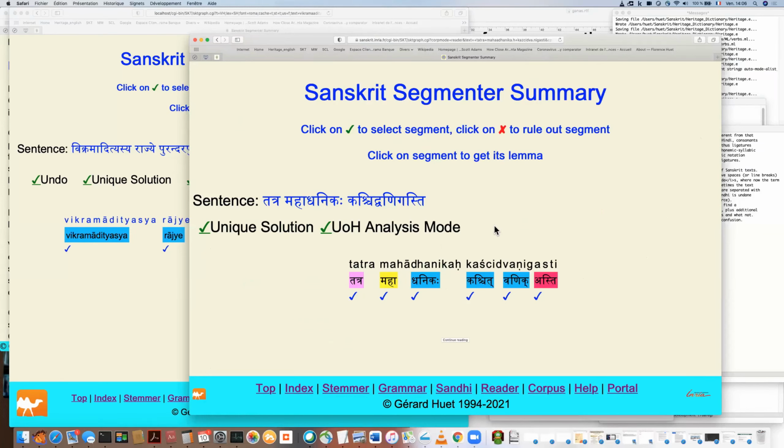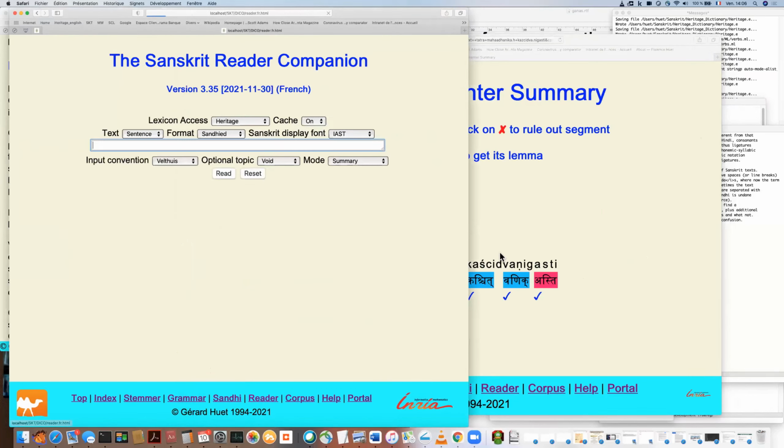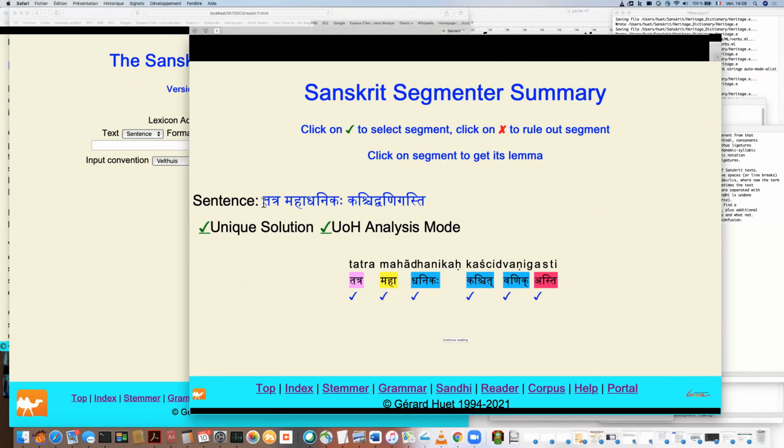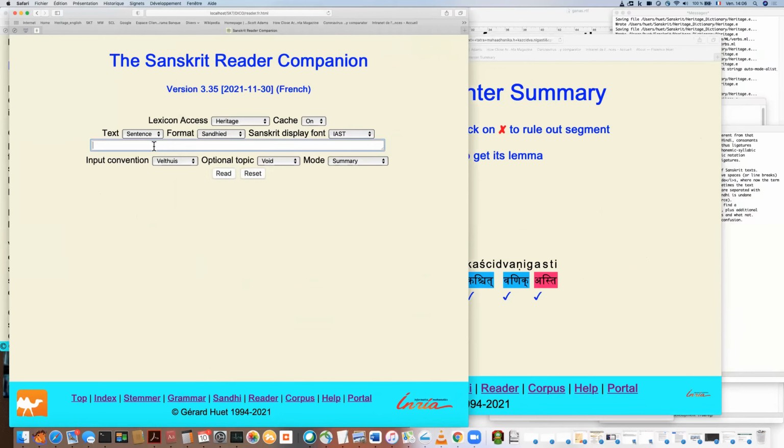And then in the other window, you use the reader and you try to get the same analysis, or you see what are the various analyses that are proposed.